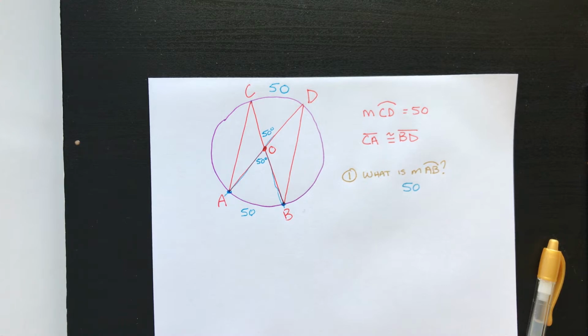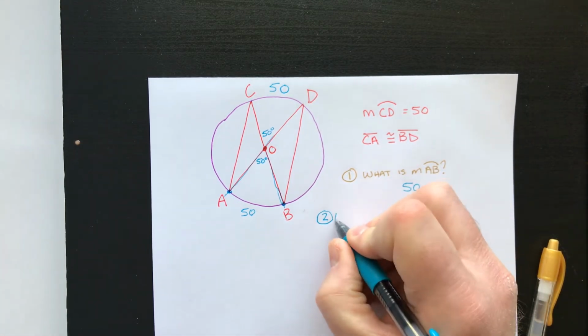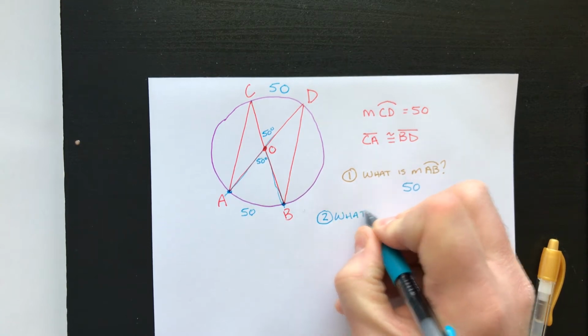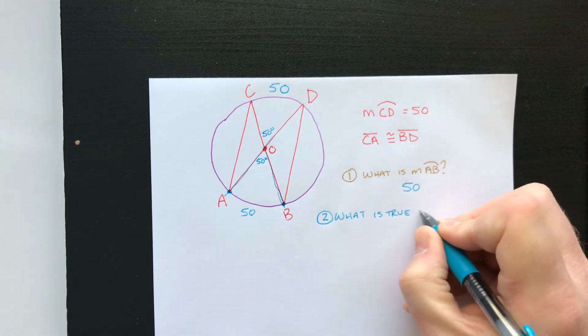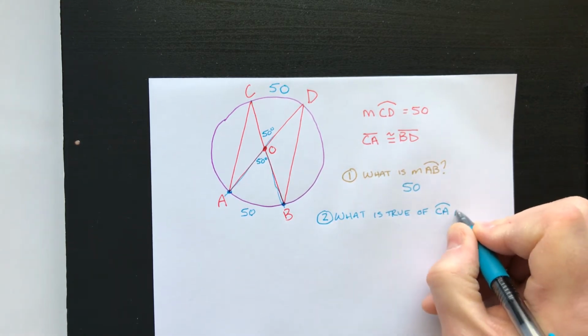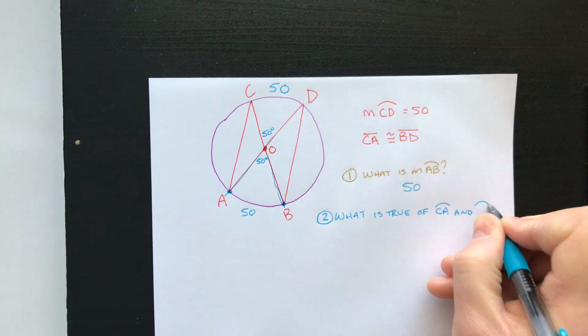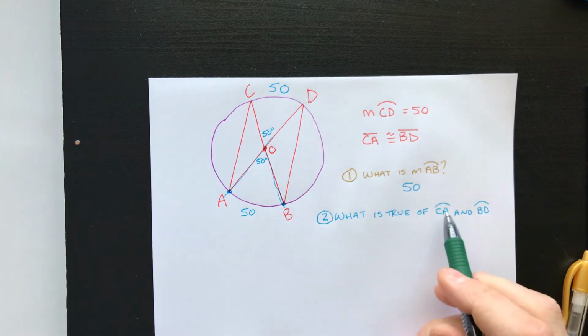Number two says, what is true of arc CA and arc BD? All right, arc CA and BD. So the arc that they're talking about, remember, these are minor arcs.